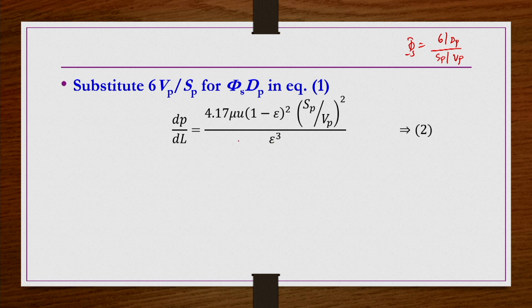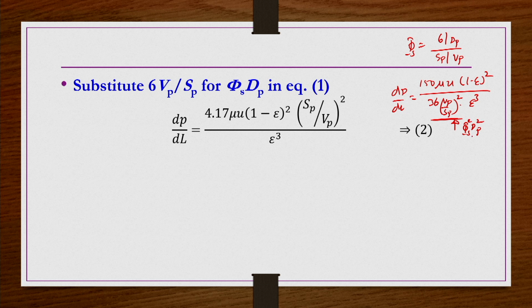And then epsilon cube is anyway there. Here, what we had in this equation was 150 mu u (1 minus epsilon) whole square over phi s square dP square. Now we have 36 Vp by Sp whole square and then epsilon cube.